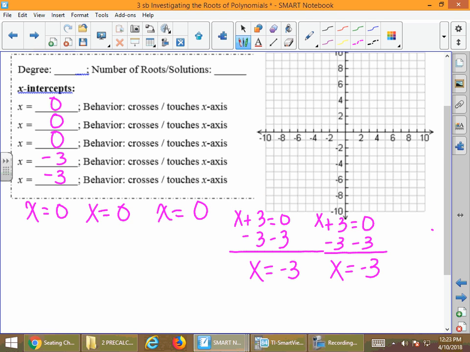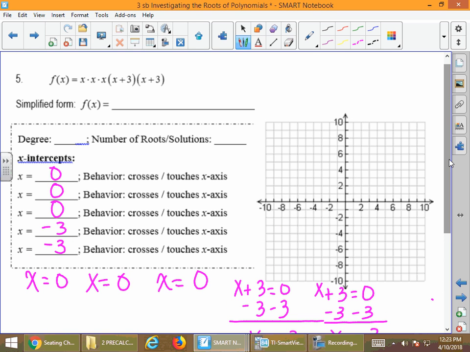So when we go back up here, first of all, another way of looking at it is we've got x equals 0, x equals 0, x equals 0, x equals -3, x equals -3. We have 5 roots. And consequently, if we have 5 roots, that must mean that our degree is 5.